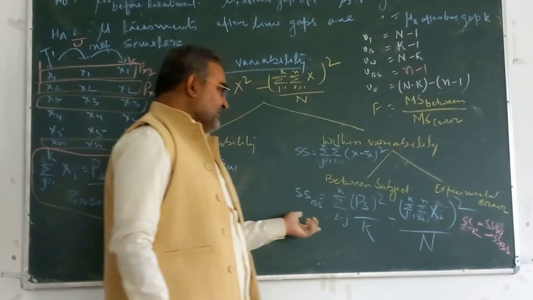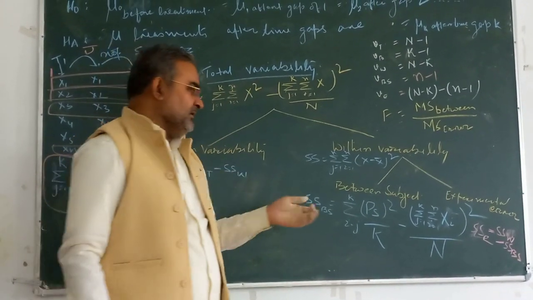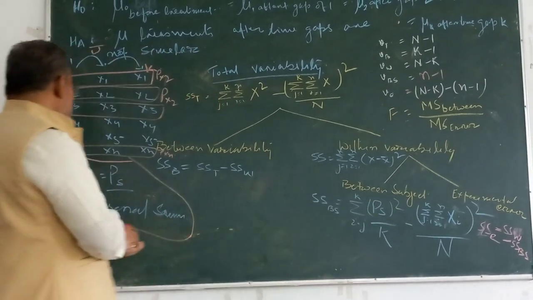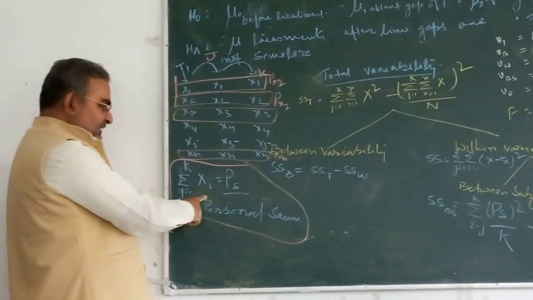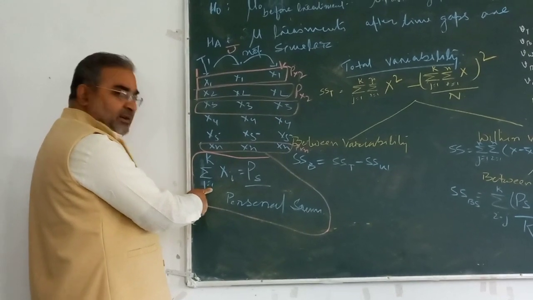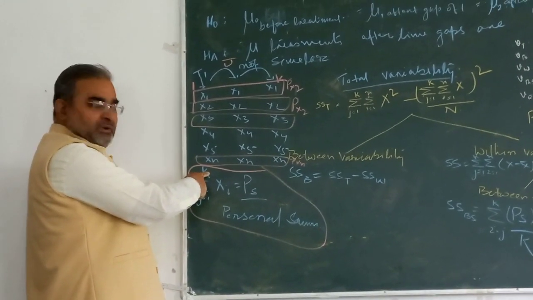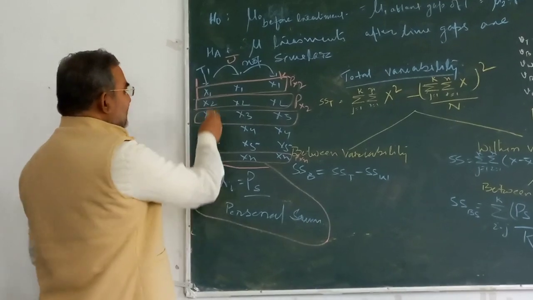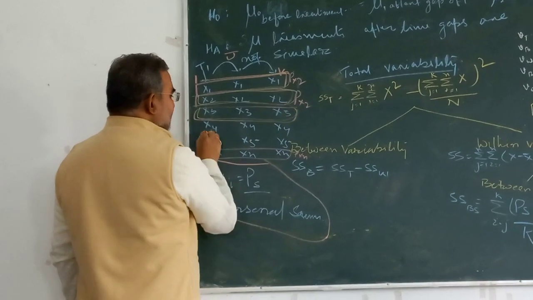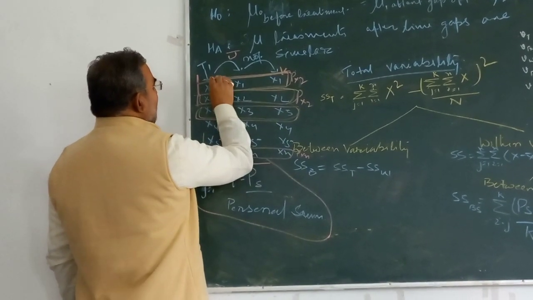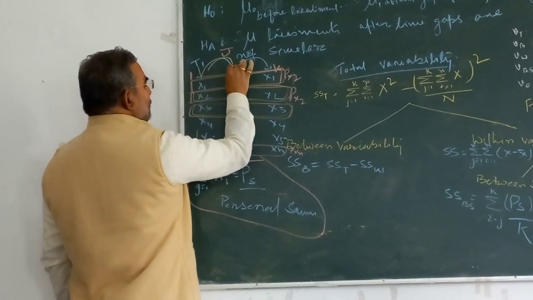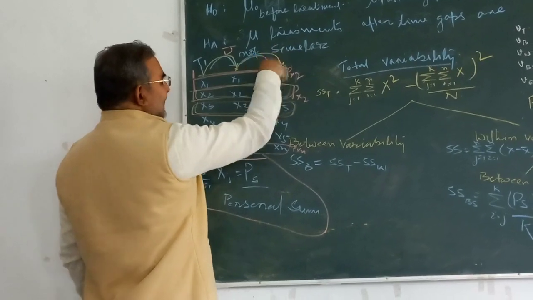For the between subjects, we use a new notation, that is the PS, personal sum, and the personal sum represents the summation of the xi from J1 treatment to K treatment group. Here this one is the P1, this one is the P2, this one is the P3, and this one is the Pn, where we consider the treatment group after some time from 1 to 2, from 2 to 3, like this.